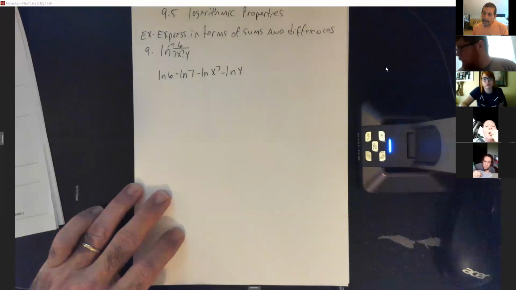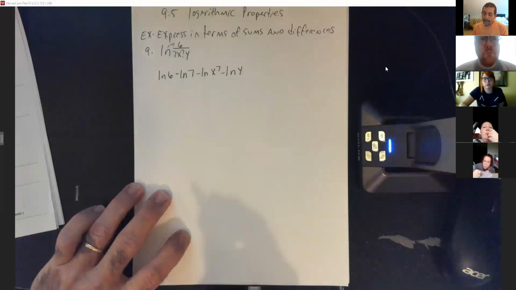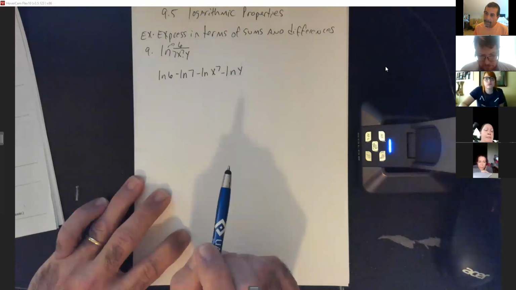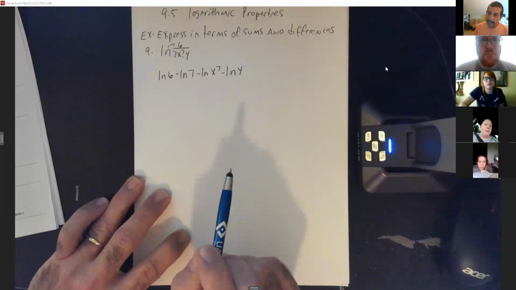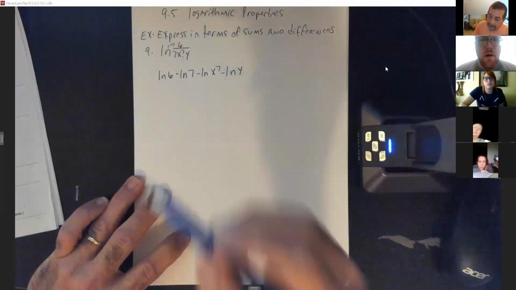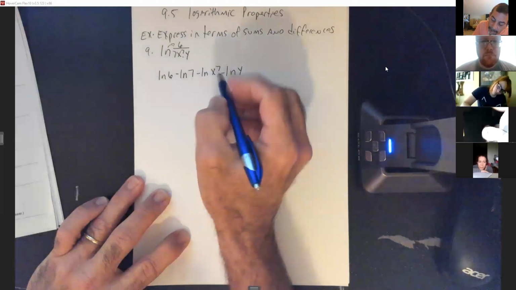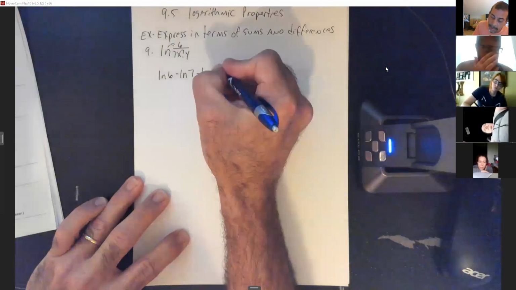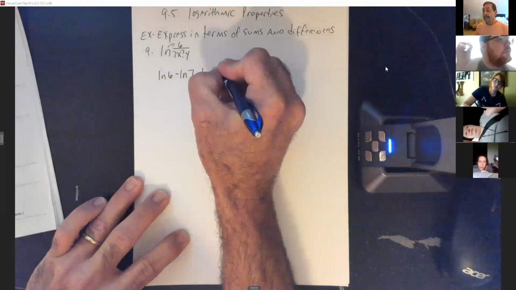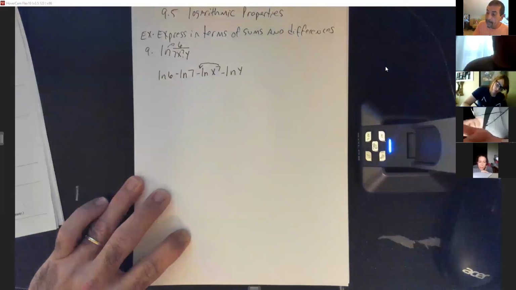All right, now remember, we've rewritten it as sums and differences, but there's one more thing I got to do to this problem. I cannot leave my exponent sitting up top, remember. So right here, I got an x to the 7. So what I need to do on that 7 is utilize that power rule and bring the 7 down to the front and write this part as a product.